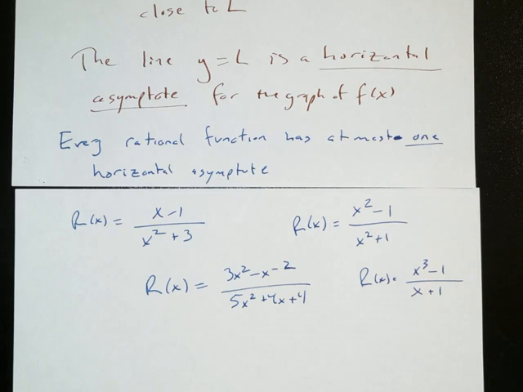This does not involve any sort of trig function, exponentials, logarithms, any of that. The rule I've stated only applies to rational functions. These four functions, each one has at most one, which means whatever the limit is as we go to positive infinity is the same as the limit as we go to negative infinity. That line is the only asymptote.